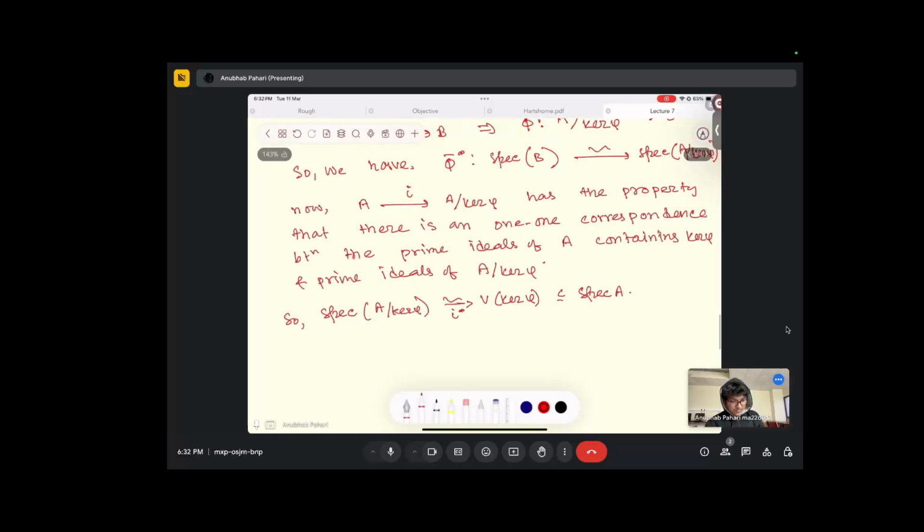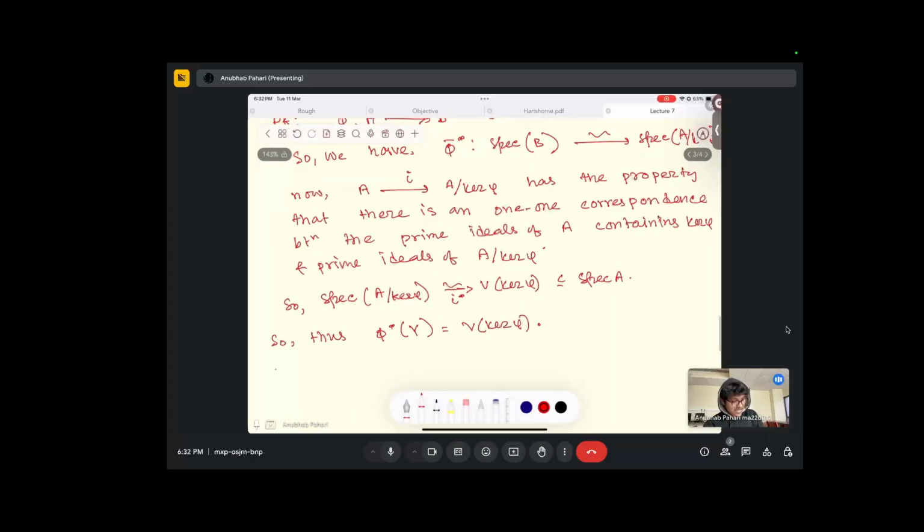So thus phi star of Y equals V of ker phi, and that is bijective.